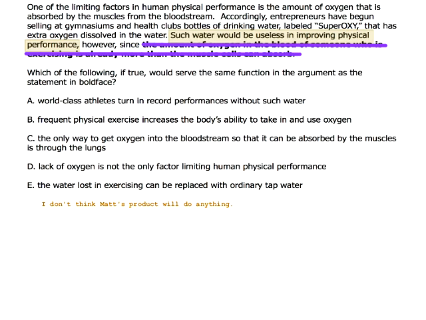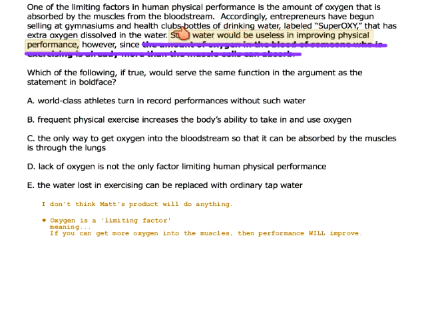So if oxygen, O2, is a limiting factor, this means that if you can get more oxygen into the muscles, then performance will improve. Not might, because that's the very definition of what a limiting factor means. It means that that is the thing that is putting a ceiling on your performance. So you can't argue against that. That's what limiting factor means.